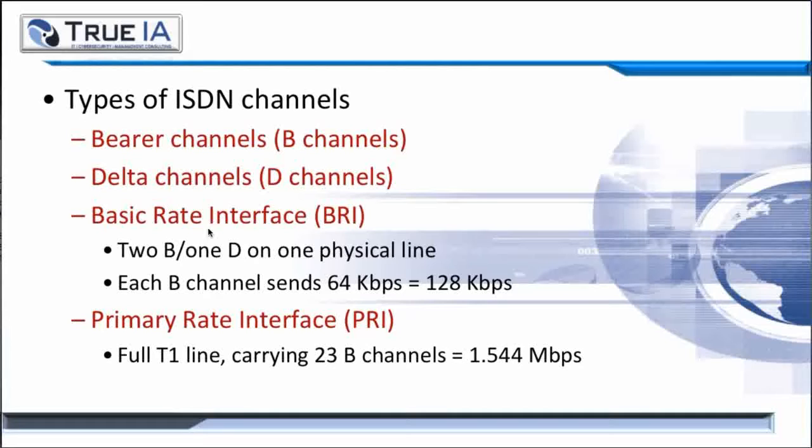The BRI takes 2 B channels and 1 D channel and puts it on a physical line. Each B channel sends 64 kilobits per second, giving you a combined rate of 128. The PRI, or the primary rate interface, is a full T1. It's carrying 23 B channels, which is how you get the 1.54 megabits per second.